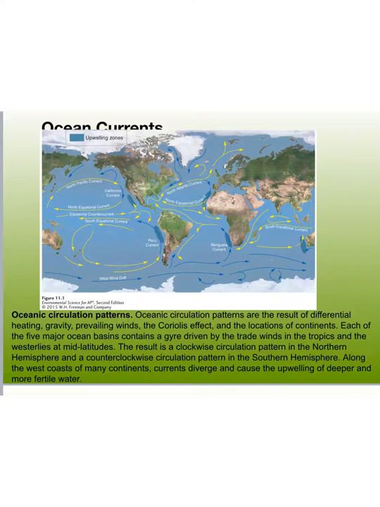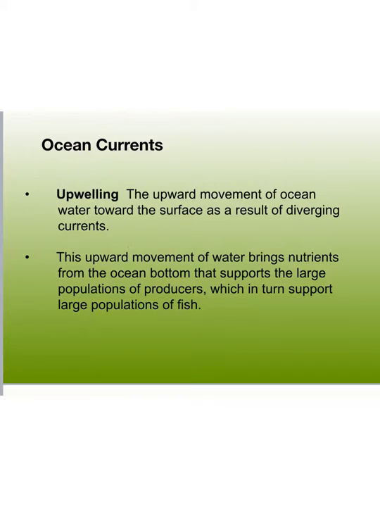This movement of the upward water towards the surface, shown in blue in this diagram, is where the upwelling takes place. So the deep waters bring with them nutrients from stuff sitting on the bottom, and that's enough nutrients to support a large amount of producers, and so in turn support a large population of fish, and that's where fisheries are.